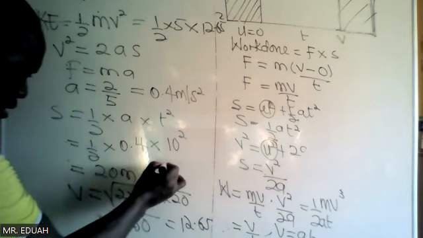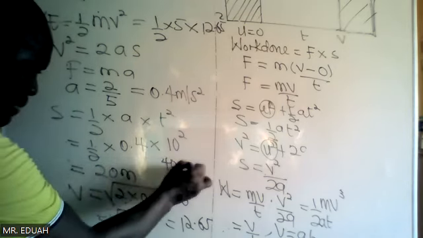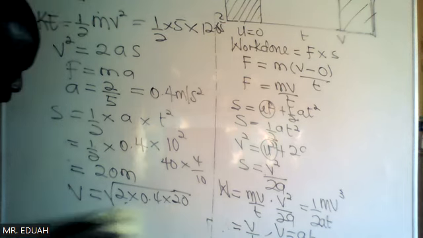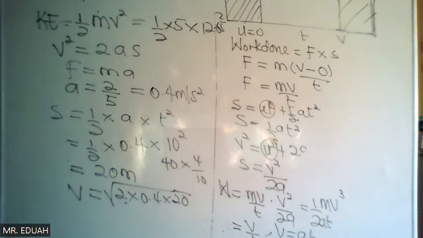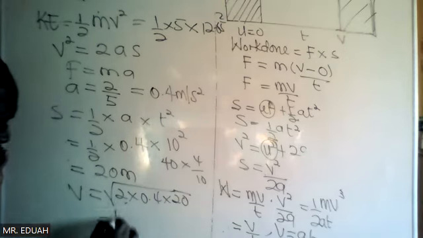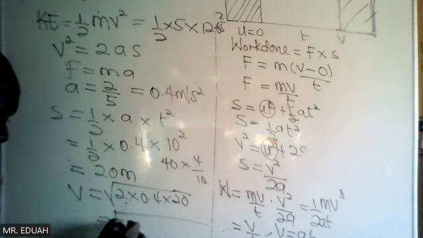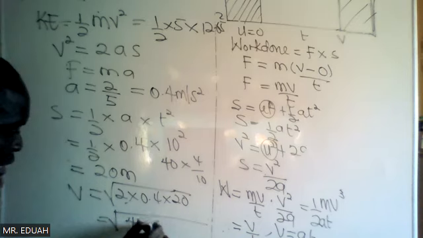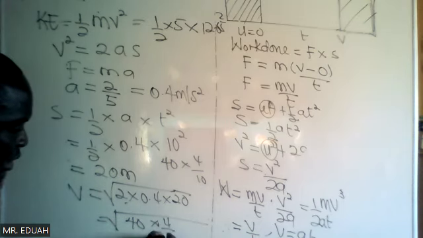Check the multiplication. We have root of 2 times 20, which is 40, times 0.4, which is 4 on 10.